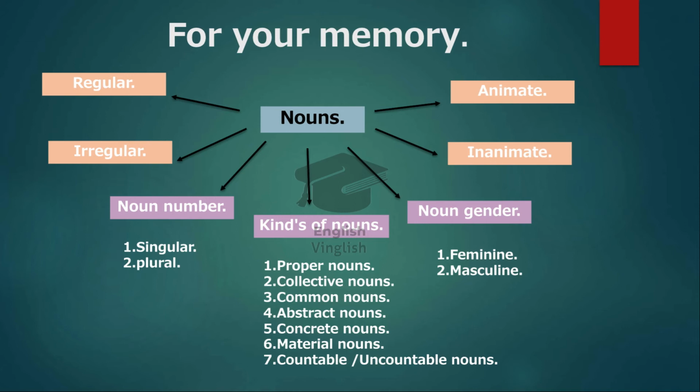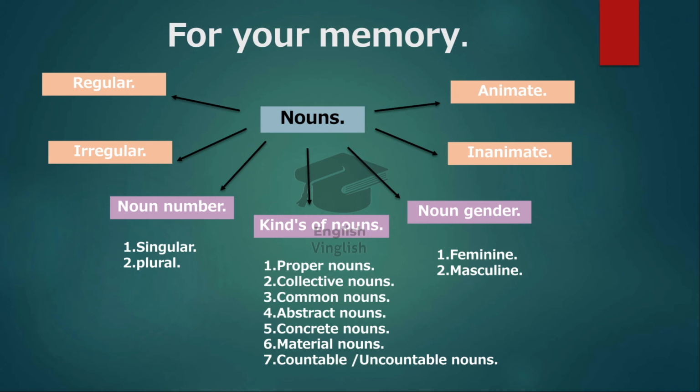Regular nouns are the nouns that we can form their plural by the addition of the plural suffix s or es in a regular manner. And if the word ending is o, sh, ch, we can add es.